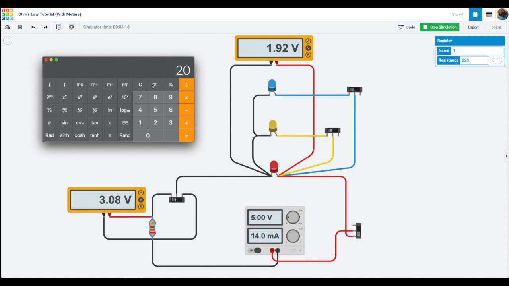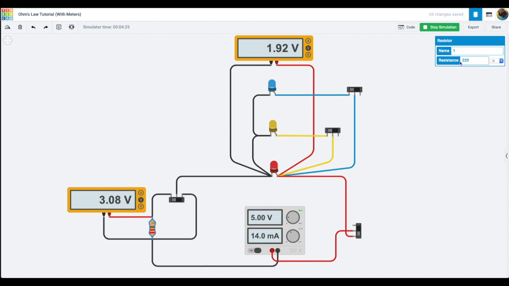Oops, wait. 0.02 equals a 250 ohm resistor. So if I put a 250 ohm resistor there, well, I have to do it by this voltage here.